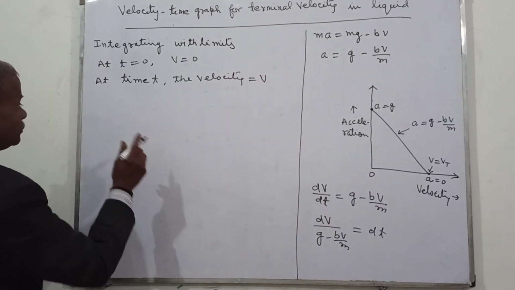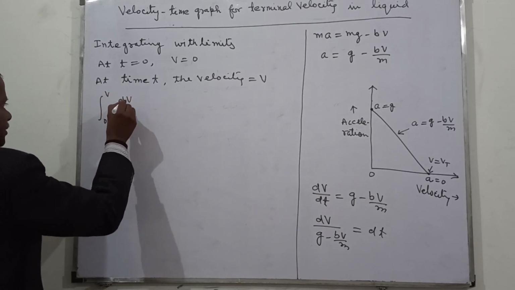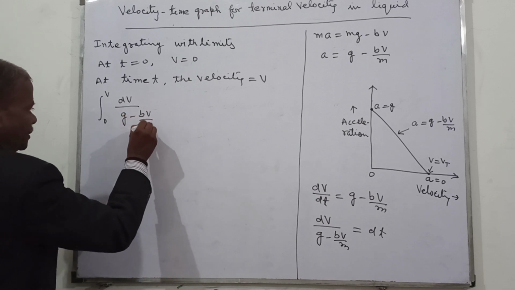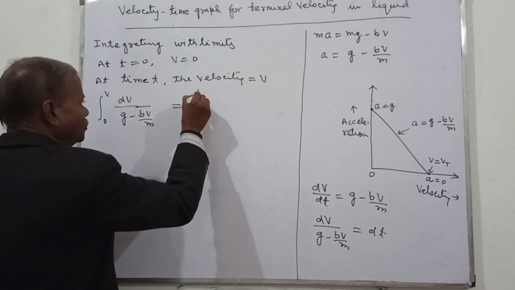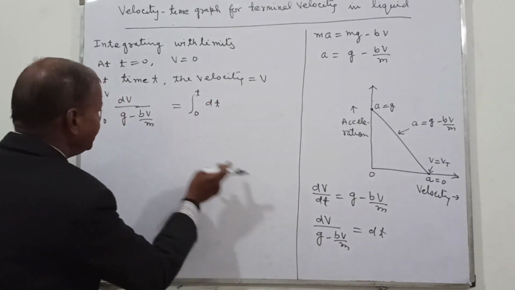So integration 0 to v of dv upon g minus bv upon m is equal to integration 0 to t of dt.